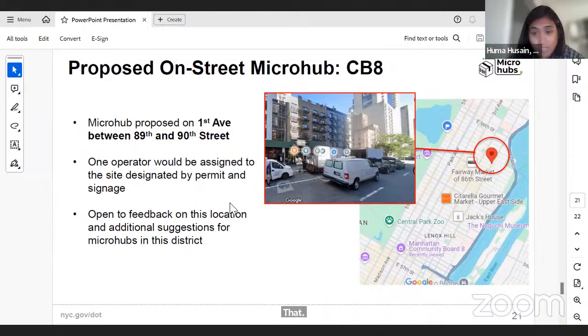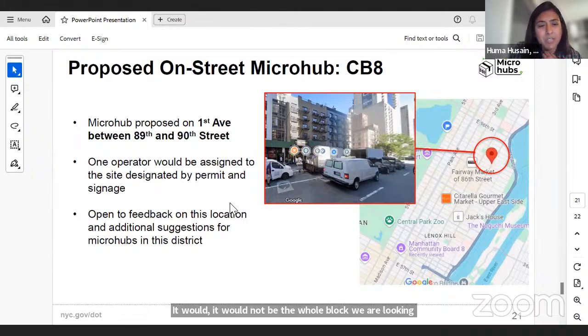So it was chosen because it probably had the right mix of land use and roadway width. It would not be the whole block. Almost the whole picture here is about 80 feet of space in front, where those 3 trucks are lined up, 2 trucks and a van. There's just the right amount of space. It's a space that we could repurpose that isn't personal residential parking.